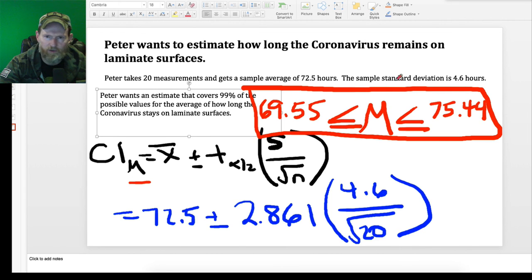We could take more samples, those kind of things, but based on the sample information, we think this interval does capture 99% of the possible values for the population mean of how long the coronavirus stays on a laminate surface once it gets put on that surface. And that's between 75.44 hours and 69.55 hours.